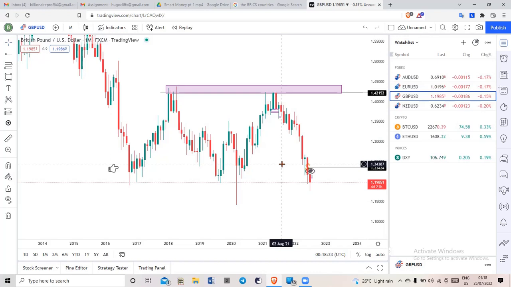You can't have the textbook example on your chart. It's impossible. When you come to the chart, things are usually not exactly as they are in the textbook.